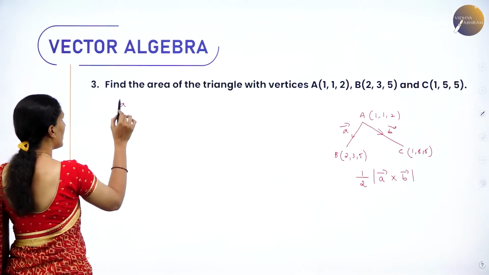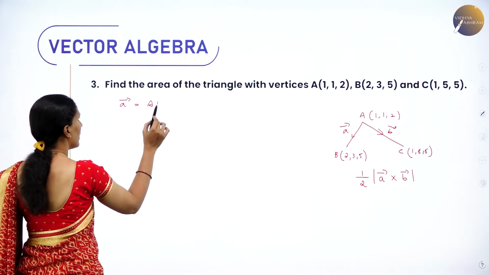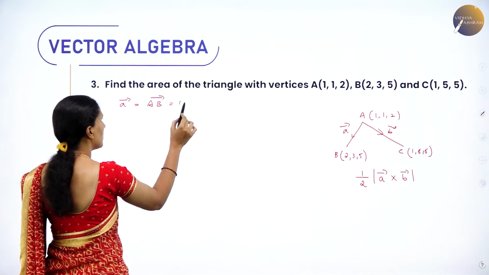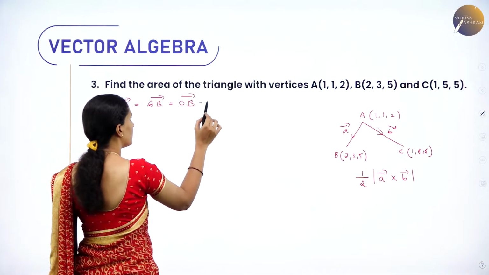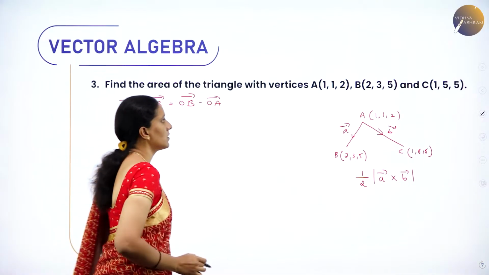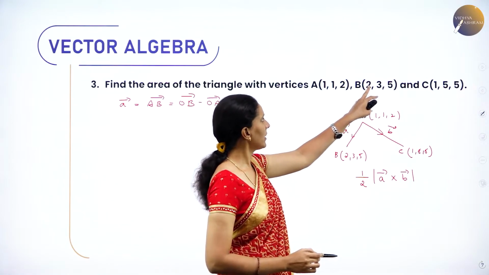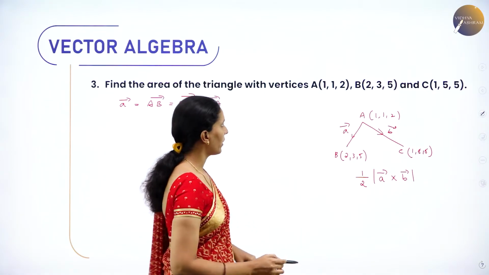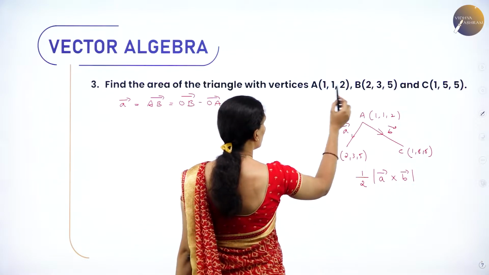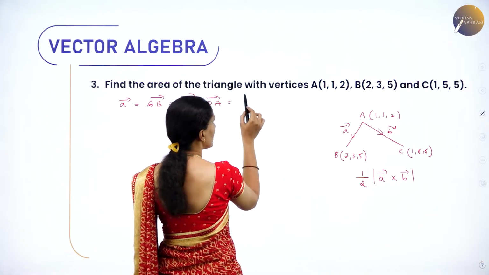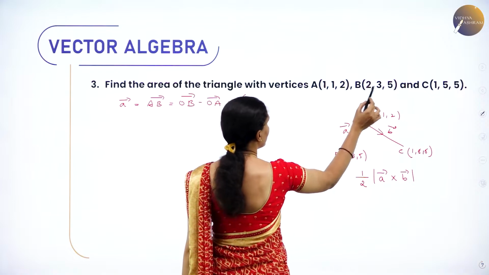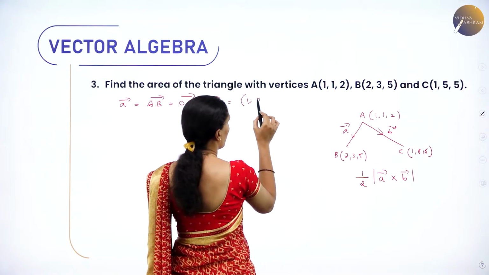So I will take vector A in the form of AB. AB means OB minus OA, the position vectors. So just subtract the vertices here for i component. So first one is 2 minus 1 can be written as 1 and 3 minus 1 is 2.